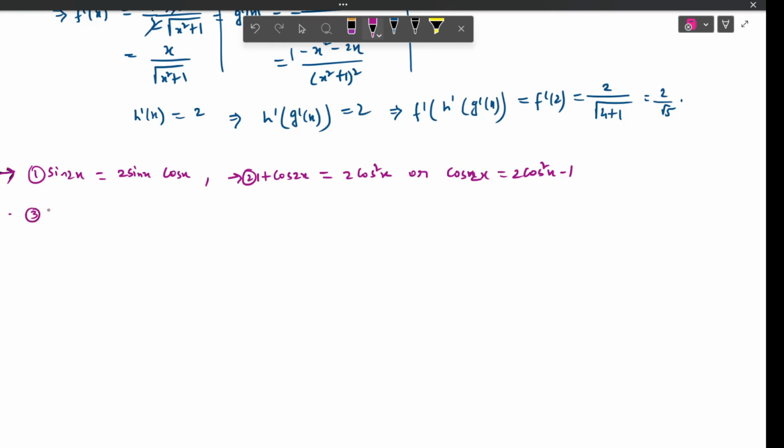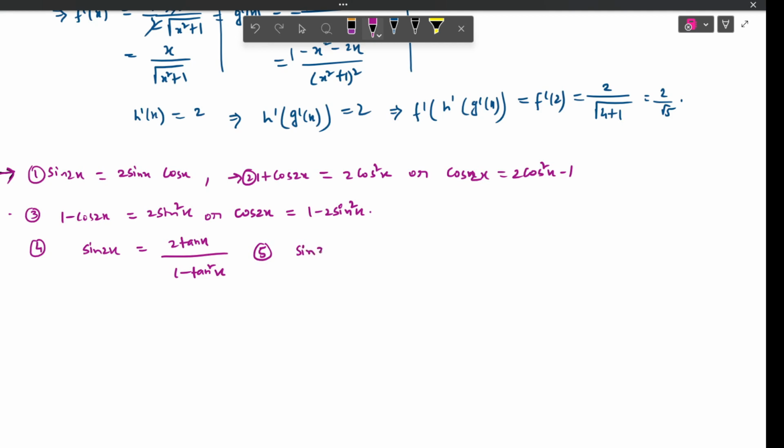Now, number 3, 1 minus cos 2x would be 2 sin square x, or we can say cos 2x is 1 minus 2 sin square x. Next formula, sin 2x is 2 tan x by 1 minus tan square x.